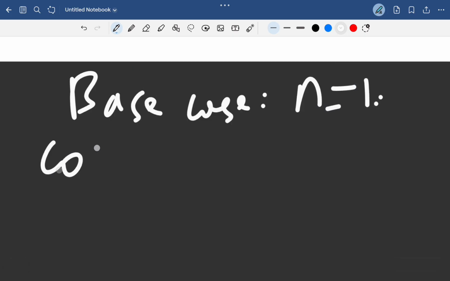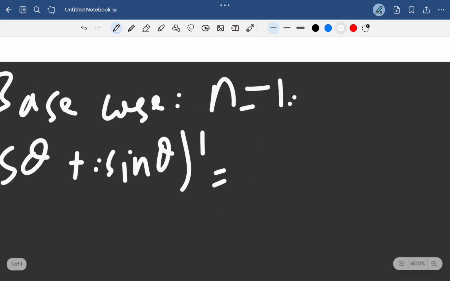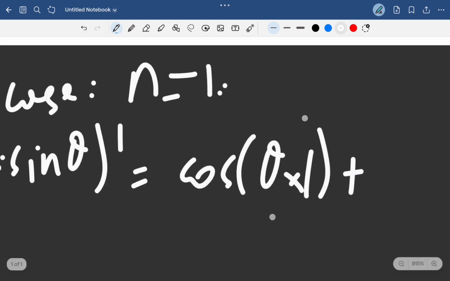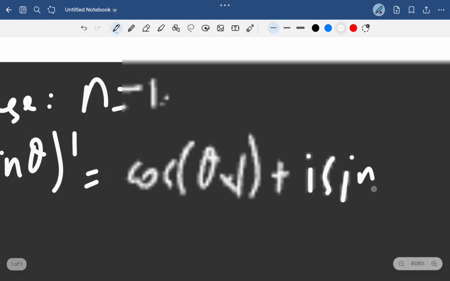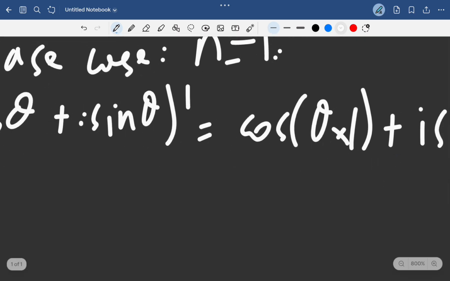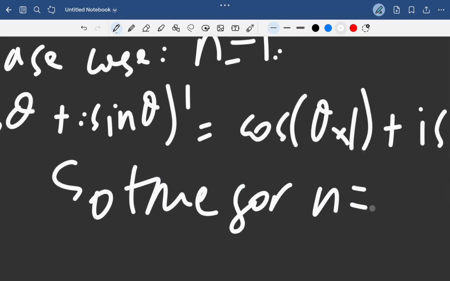This is cos theta plus i sine theta to the power of 1, which is, in fact, cos theta times 1 plus i sine theta times 1. So true for n equals 1.